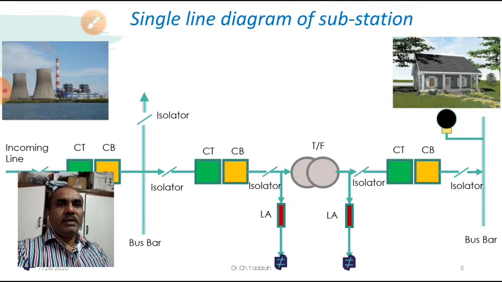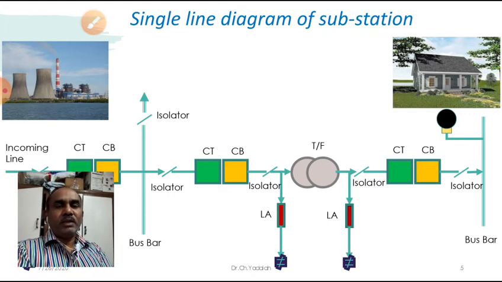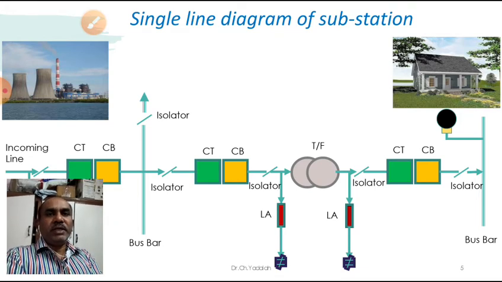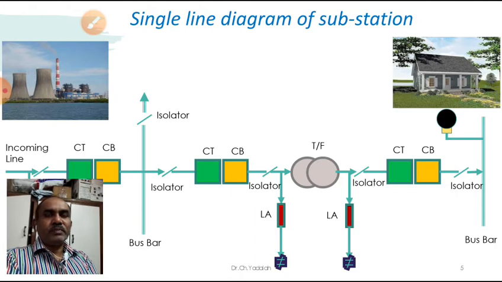Now let us see. This is a single line diagram of a substation where the incoming line is coming from the generating station. You can see in the figure, it is a thermal power station where electrical energy is generated.